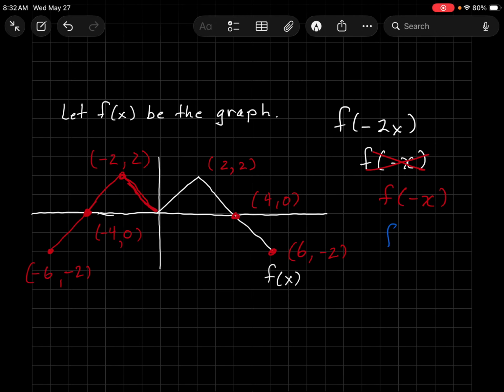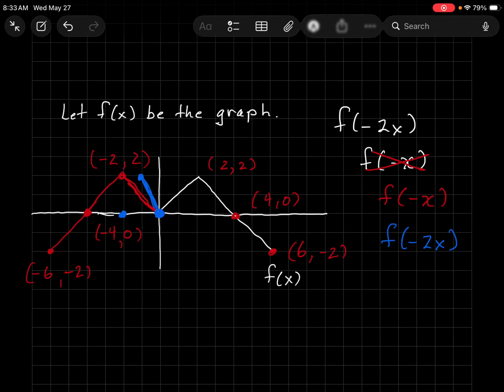Now let's do f of negative 2x. Once again, the y values stay the same. But now we're getting to those particular y values twice as quickly. So we'll still have the point 0, 0. We'll still have the y value of 2, but it doesn't take us a full negative 2 to get there. It only takes us half of that, a negative 1. That is, we're getting to that x value twice as quickly.